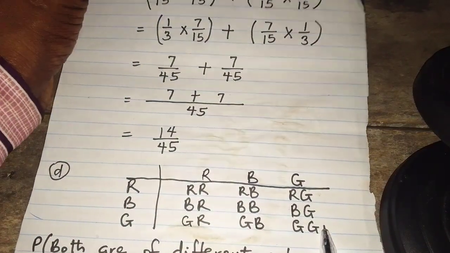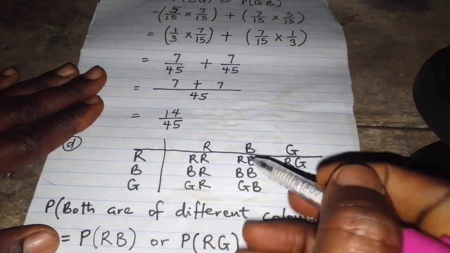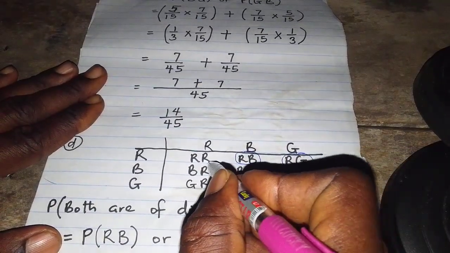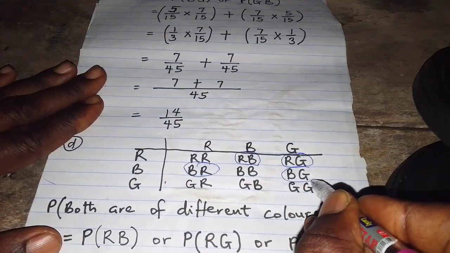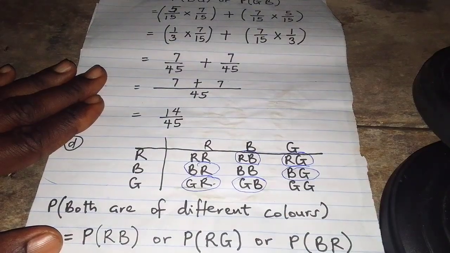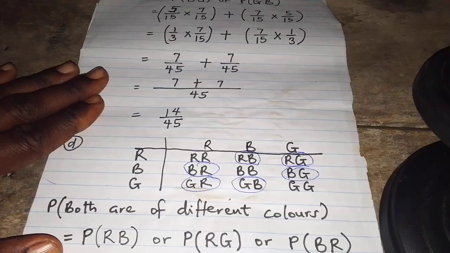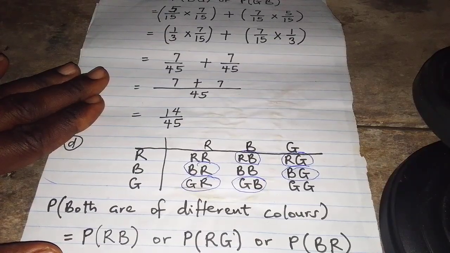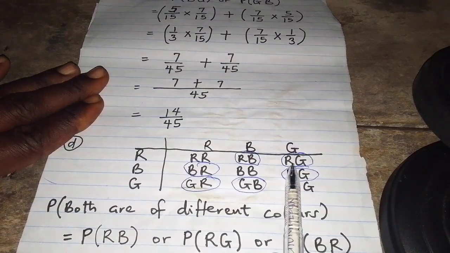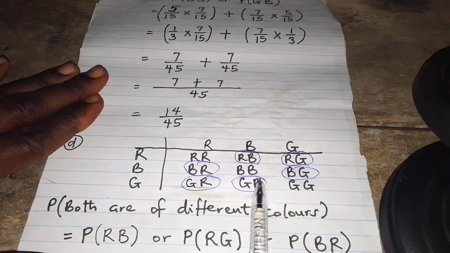Now, if you look at this here, the probability of getting different colors will be, you have red and blue, or red and green, or blue and red, or blue and green, or green and red, or green and blue. So you can see that these are the possible ways you can pick two balls in different colors.